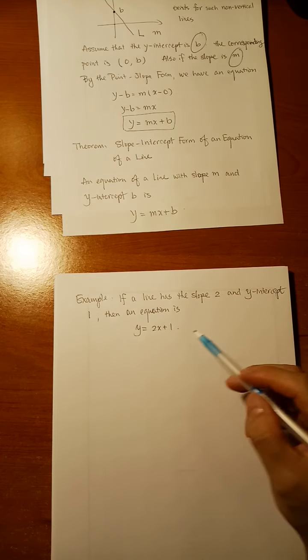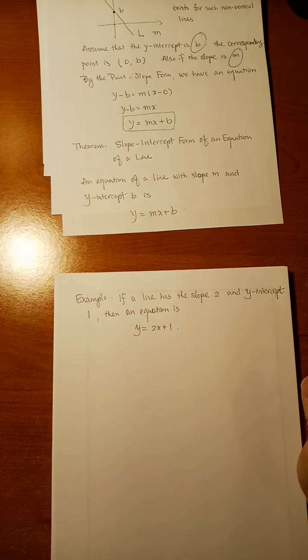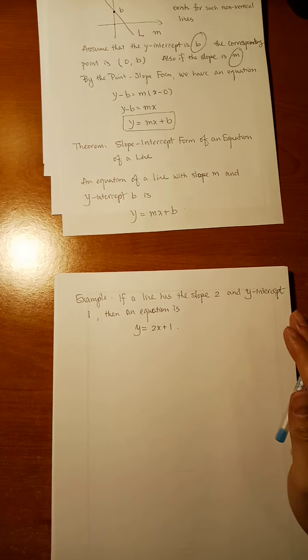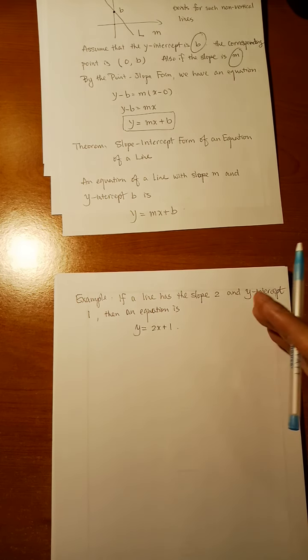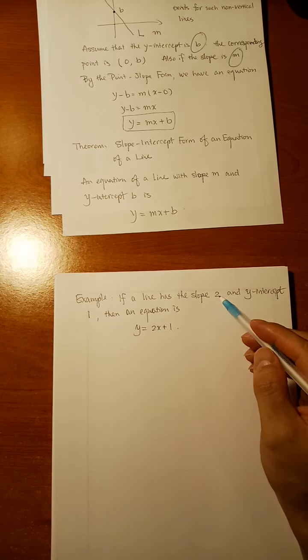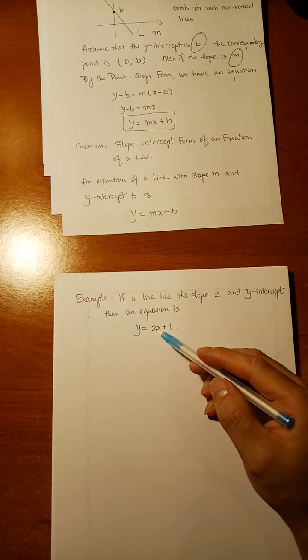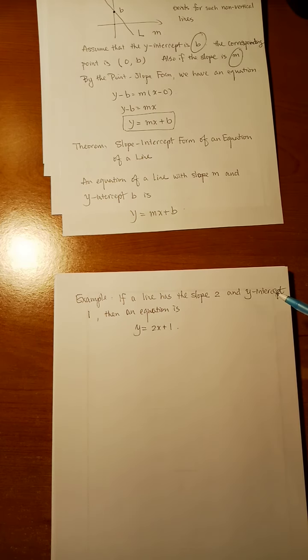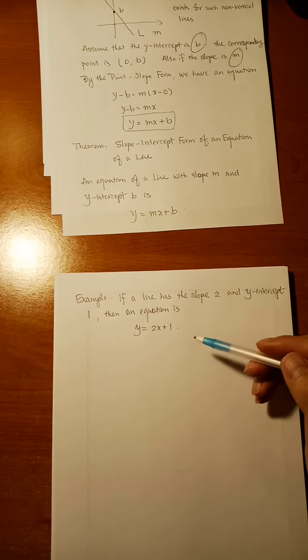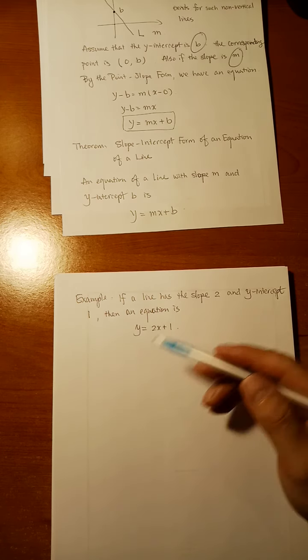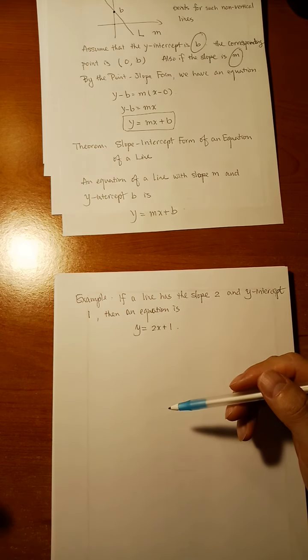And that's it. There's nothing you need to compute or simplify. Just plug in 2x plus 1: slope times x plus intercept. This is the simplest formula in line theory. Slope-intercept form.